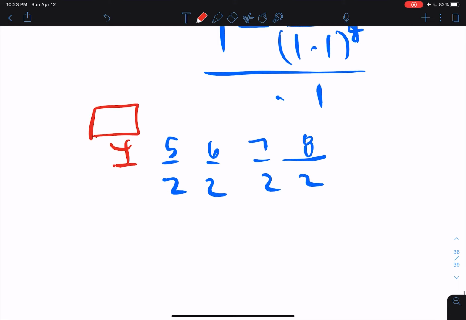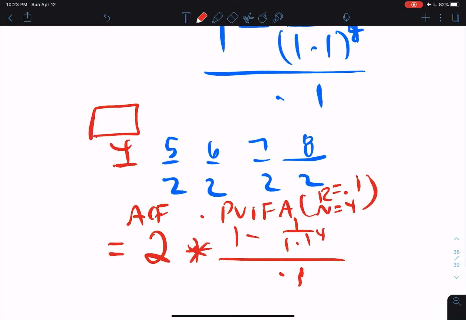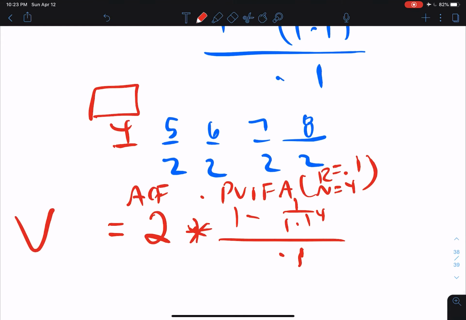So, in other words, $2, which is the annuity cash flow, times the PVIFA, where R is 0.1 and N is 4, it would be 2 times 1 minus 1 over 1.1 to the 4th power over 0.1. Okay, so put this sign there, and that's going to give us the value at date 4, because 1 period prior to the first cash flow in the annuity is date 4.